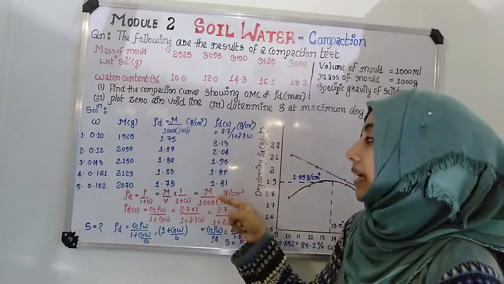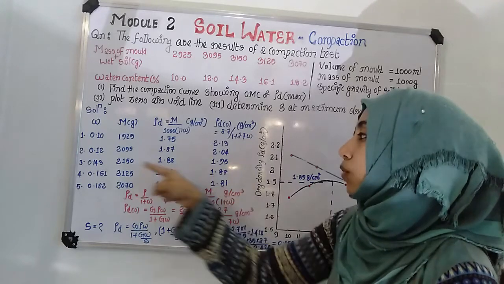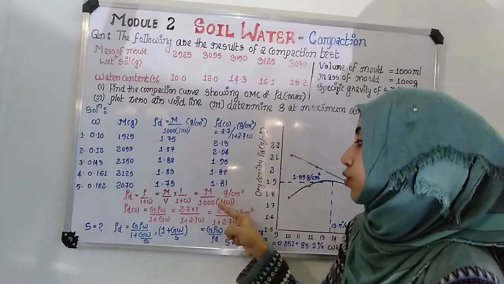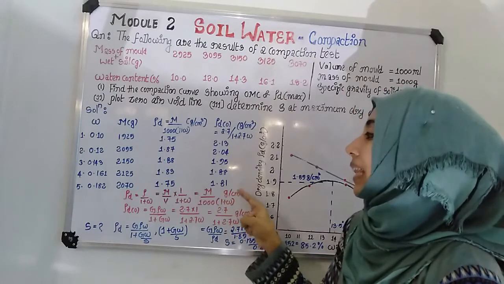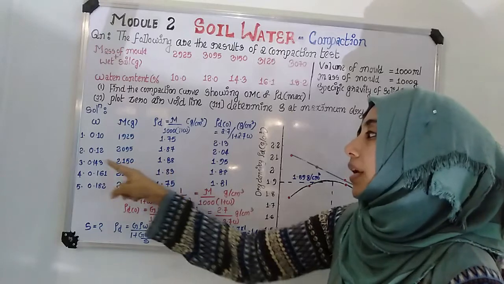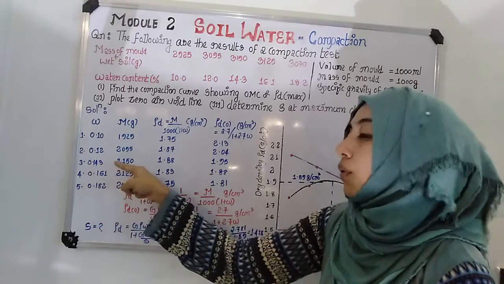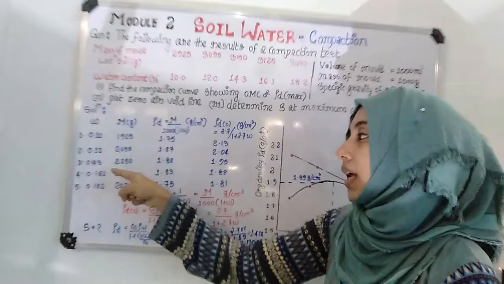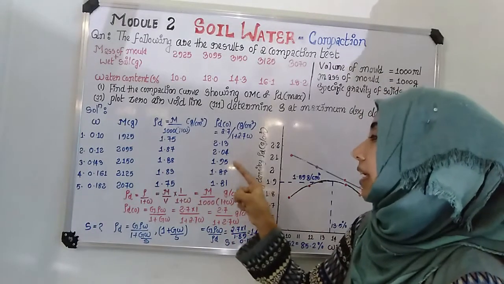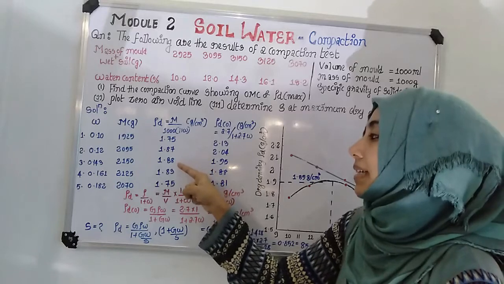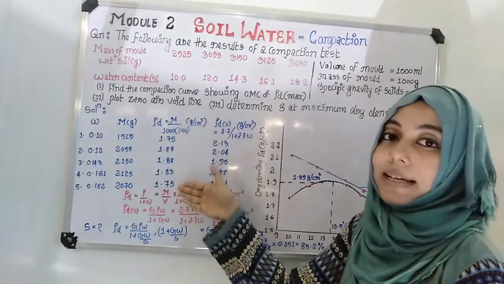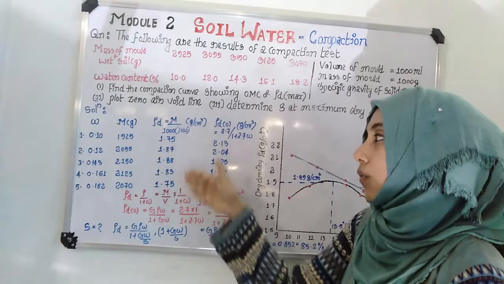Another example: mass M equal to 2150 divided by 1000 into 1 plus W. The water content corresponding to the mass 2150 is 0.143, that is 14.3%, so we substitute 0.143. Then we obtain a dry density of 1.88 gram per centimeter cube. Likewise, we can calculate all other values.